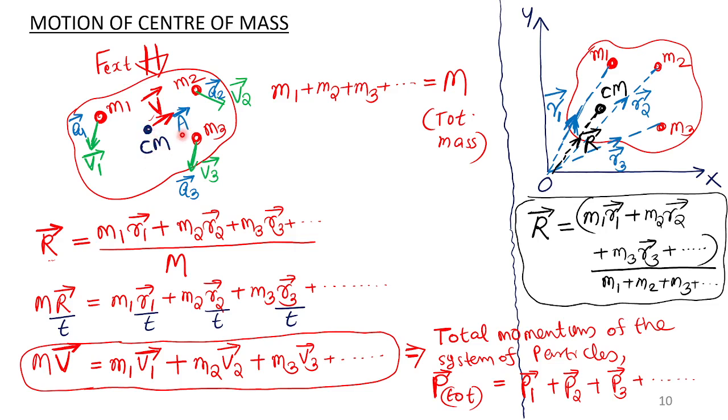And capital letter A is the acceleration of the Cm. So M into capital letter A is nothing but the external force, because we assume that all the masses are concentrated at this point, and that point is moving with acceleration capital letter A.